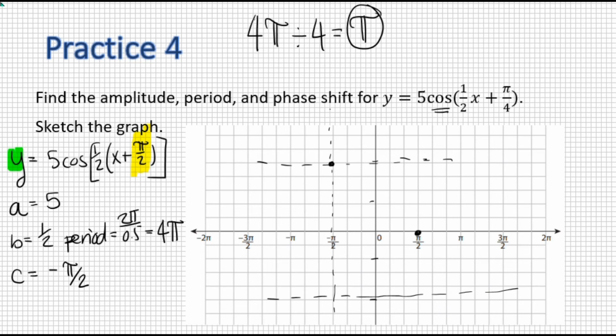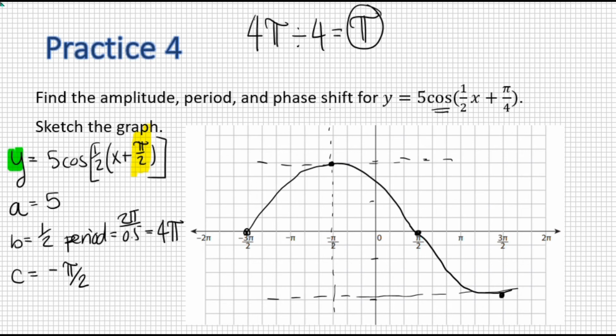I only hit the minimum at 3 pi over 2, positive 270. This is a really spread out graph. Maybe I'll put one more point over here. And just letting that happen. That's because the period is 4 pi. It's just going to be a Mondo graph.